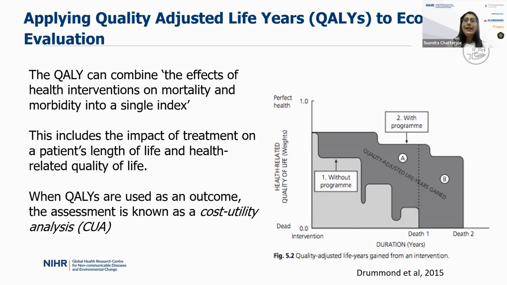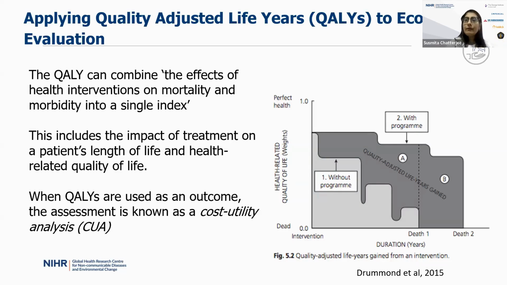We want to gain quality adjusted life years, so QALY is gained. DALYs are averted because DALYs are bad things, right? I initially said one DALY means one healthy life year lost. So we don't want the DALY; we want to avert it, and QALY we want to gain because it's quality adjusted life year.